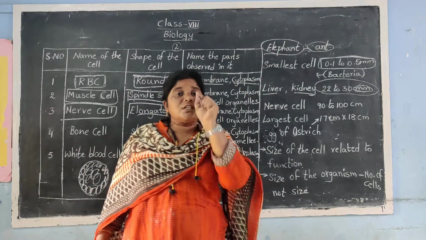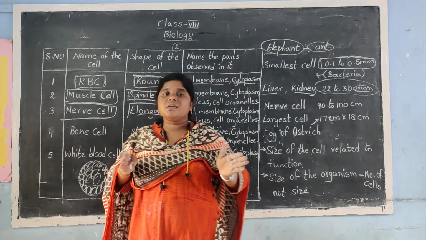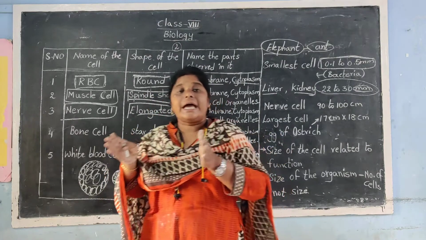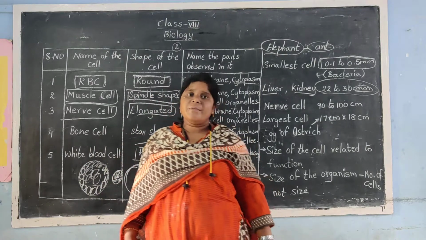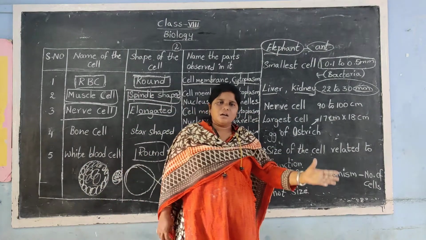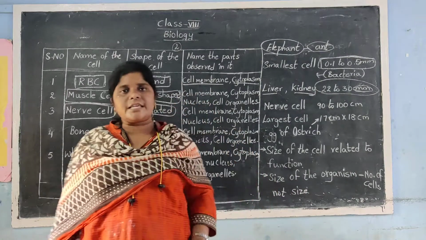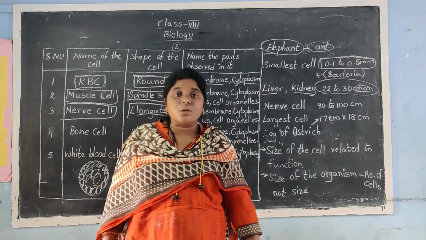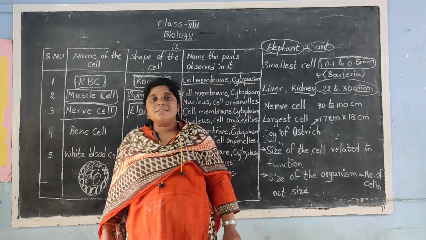But the function of the nerve cell for your 8th class is to transfer messages from one organ to another organ. Whether in an animal or a human being, it is one and the same. It does the same action, passing of information.